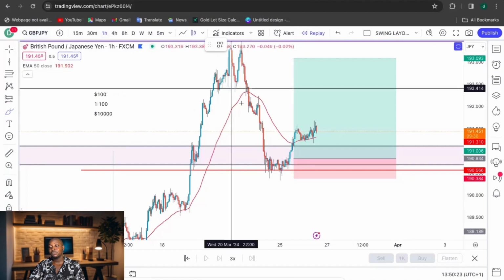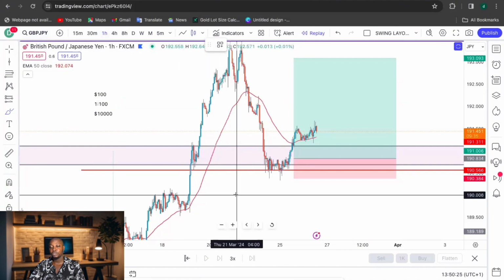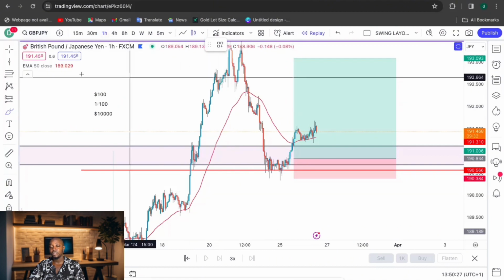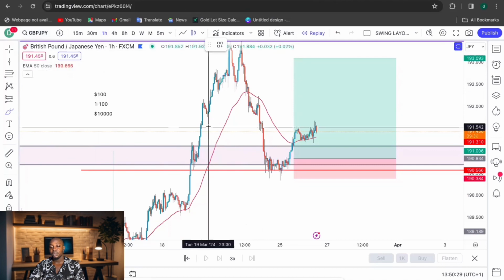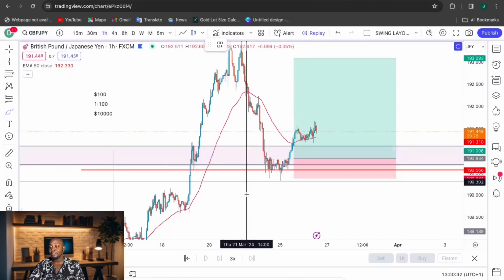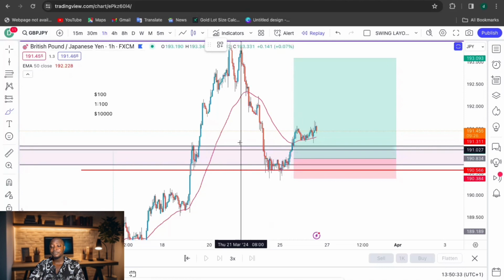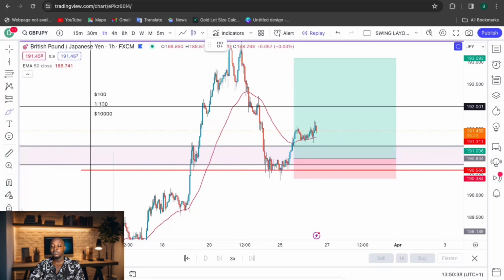The market doesn't have to come and hit your stop loss before it takes you out, because the space that you left is not enough to cover the spread, not to mention giving your trade breathing room.